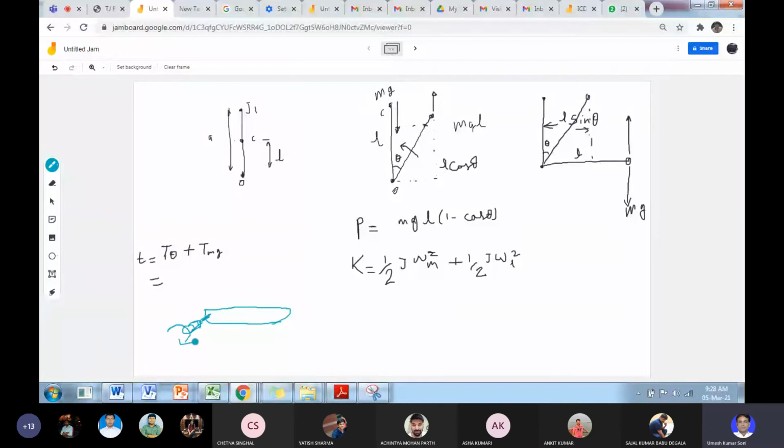So this is also rotating, suppose it is rotating with theta m, and this is rotating with theta L. So total kinetic energy is given by 1/2 J d square theta m upon d of t square, plus the kinetic energy of this.